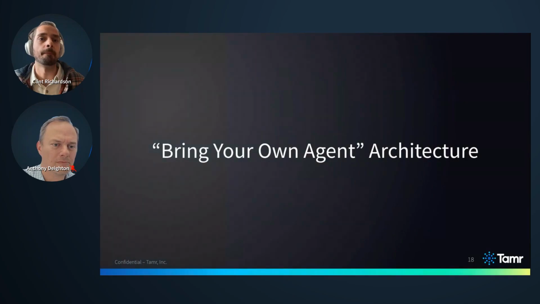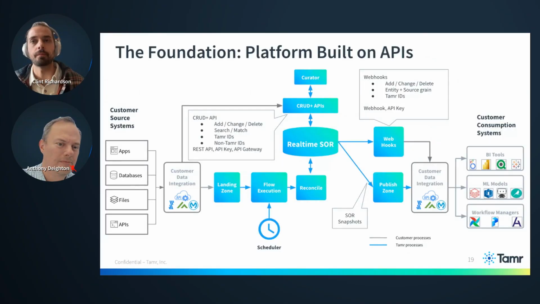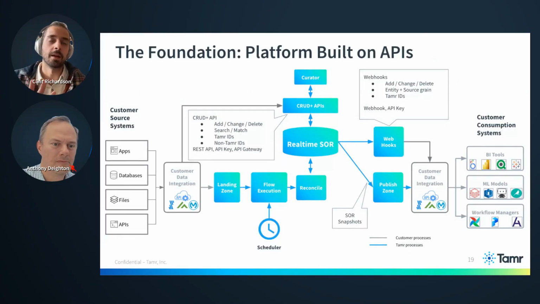And so that's exciting, and I want to use that as a segue into not just how Tamr's agents work, which we'll talk about, but how you can also bring your own agent into Tamr with our architecture. So this is a slide with lots of boxes on it.